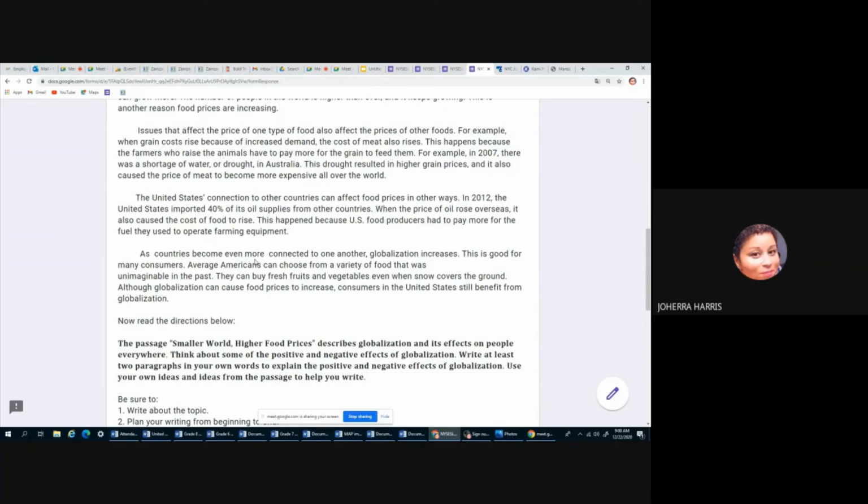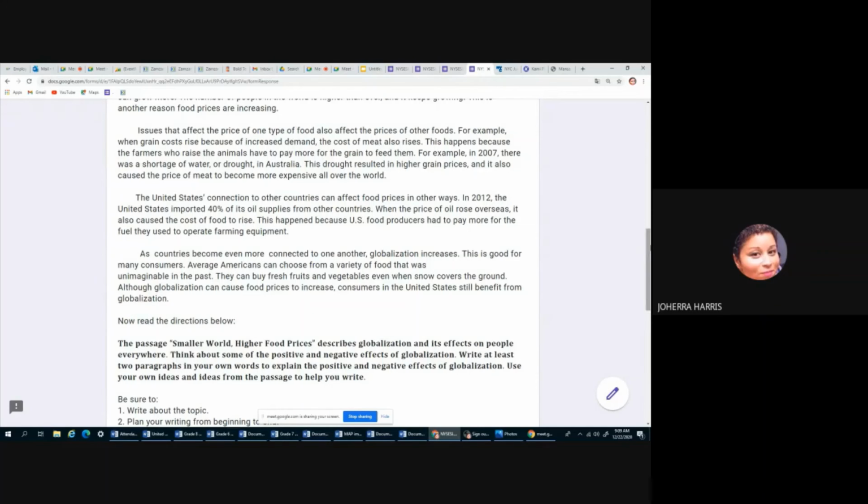As countries become even more connected to one another, globalization increases. This is good for many consumers. Average Americans can choose from a variety of food that was unimaginable in the past. They can buy fresh fruits and vegetables even when snow covers the ground. Although globalization can cause food prices to increase, consumers in the United States still benefit from globalization.